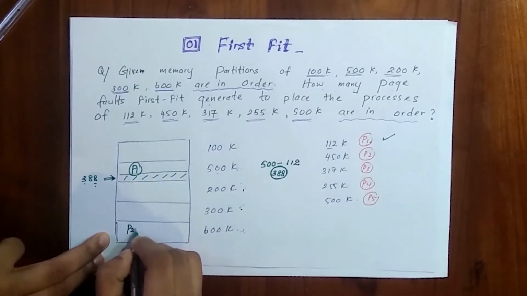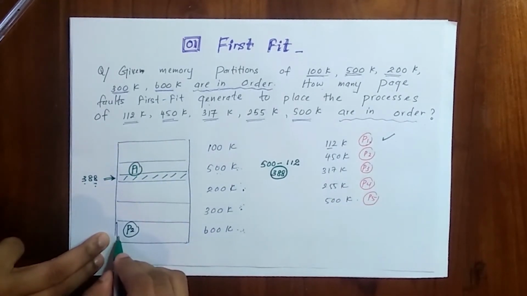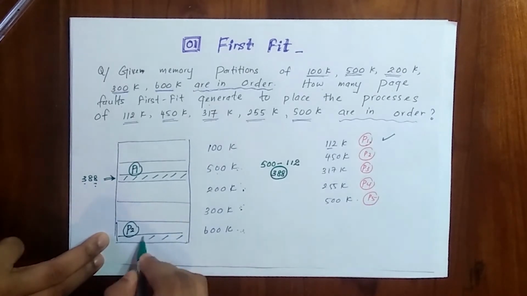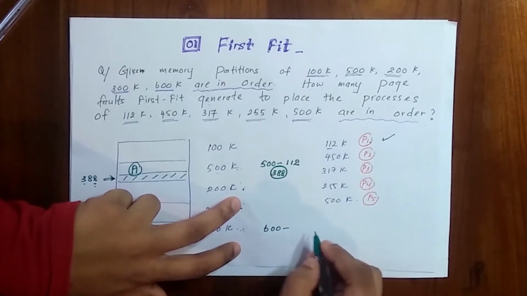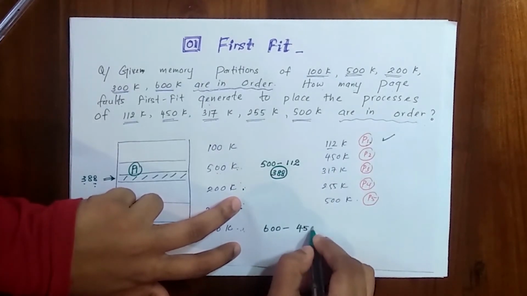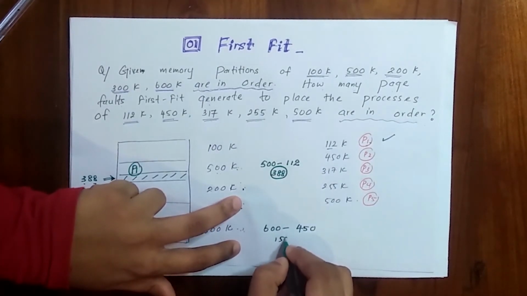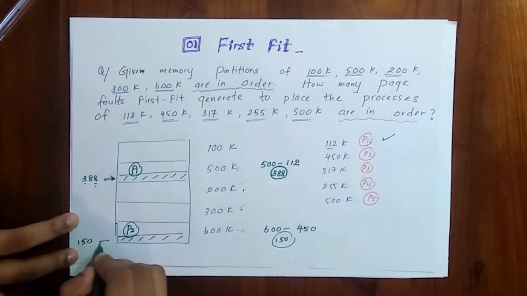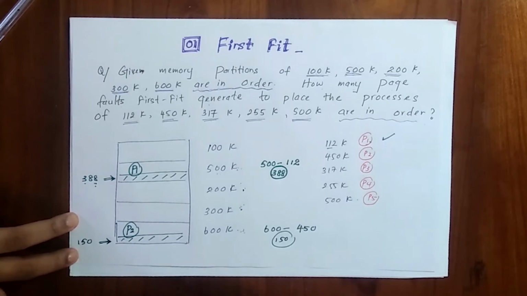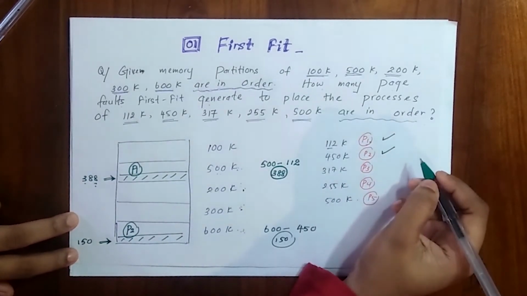So we are going to place P2 here, and again do the same thing. Calculate the available space. 600 minus 415, which is 185. So you have 185 available here. And we are done with P2 as well.